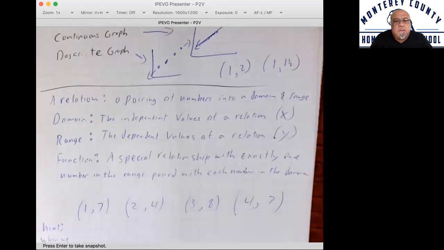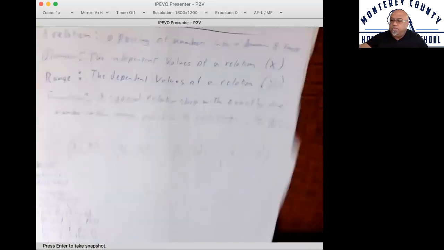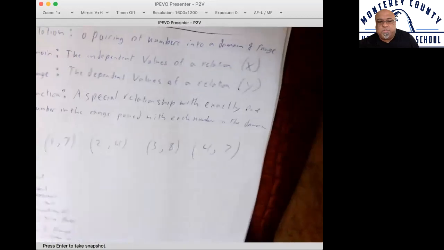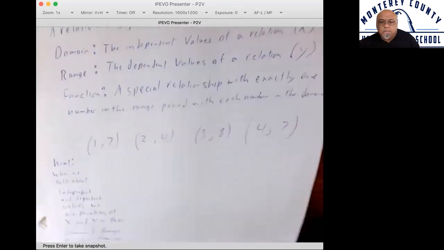Okay? Now, I feel like I'm telling you stuff I already told you before, and in a sense, I am. But we talked about the x and the y values and how we use them for graphing, but we called them the independent value and the dependent value. X is independent and y is dependent. So I have a little hint here for you to help you understand today's lesson.